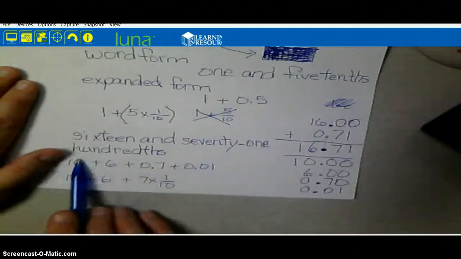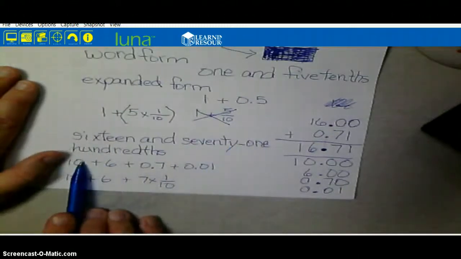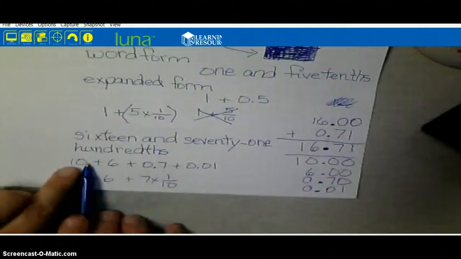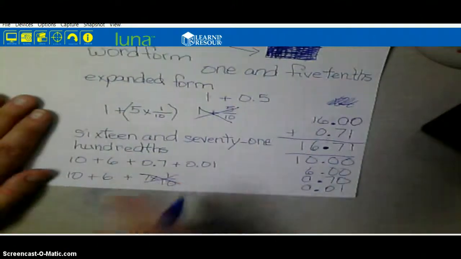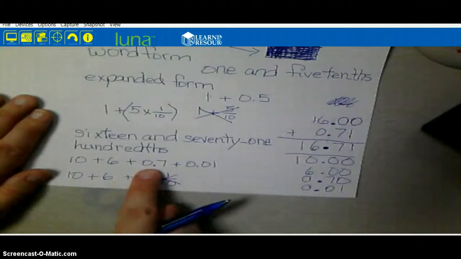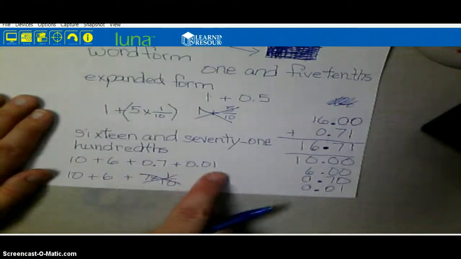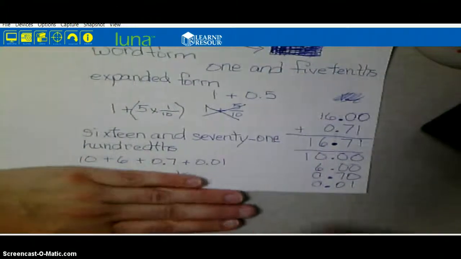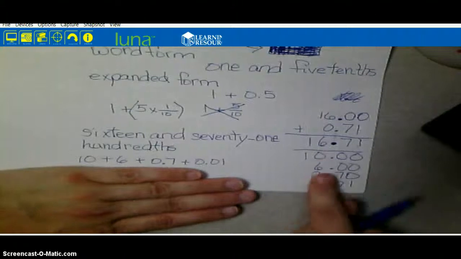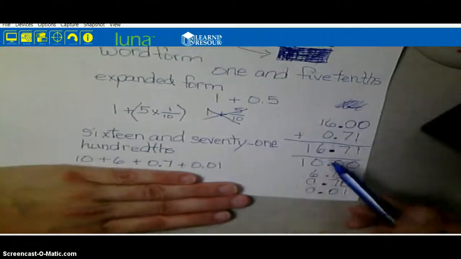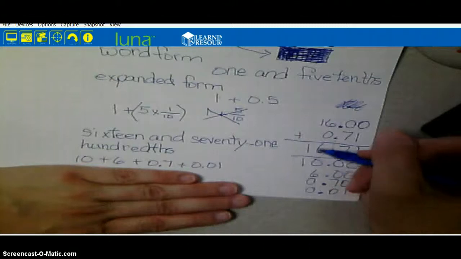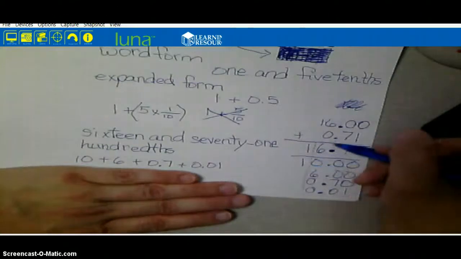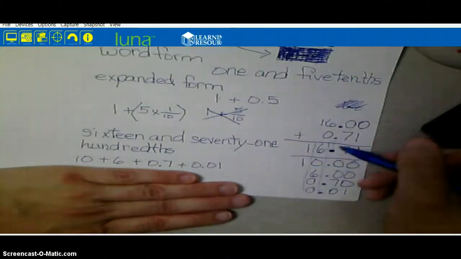All right, now I want to show you expanded form. So here I showed you 10 plus 6 plus 0.7 plus 0.01. Okay, well, let's look at this. I did this on purpose. I set it up under the 16.71. I wanted to make sure that I put everything in its own place.